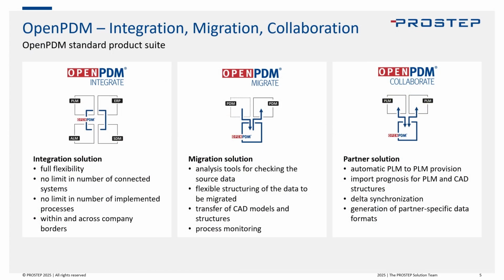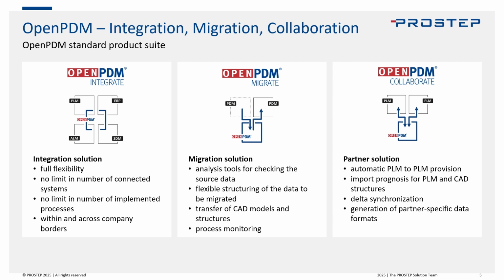The basic modules for OpenPDM are OpenPDM Integrate, OpenPDM Migrate, and OpenPDM Collaborate. We also have a fourth, OpenPDM Ship, which includes shipbuilding processes and CAD transformation from systems like Aveva, CADmatic, SSI, and others. If you're interested in that, go take a look at our website and you can find more information.